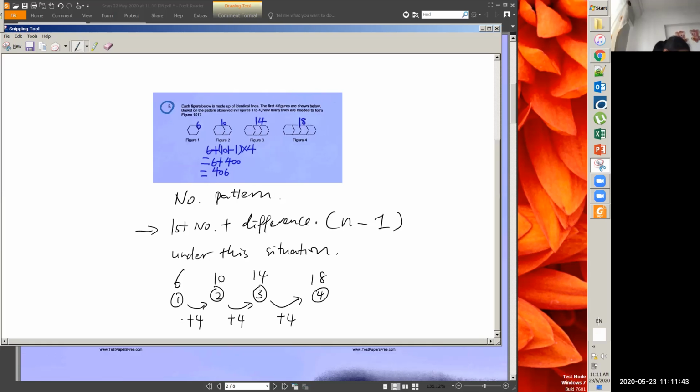This is what I call the first level difference.